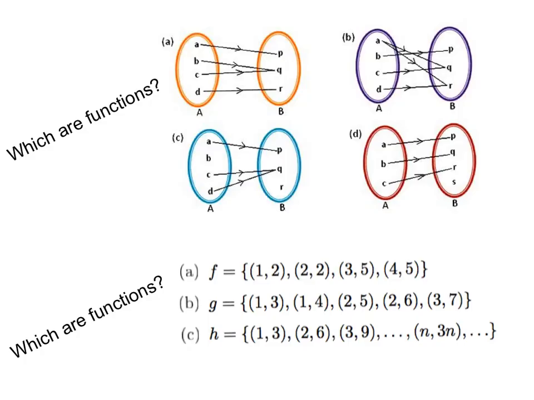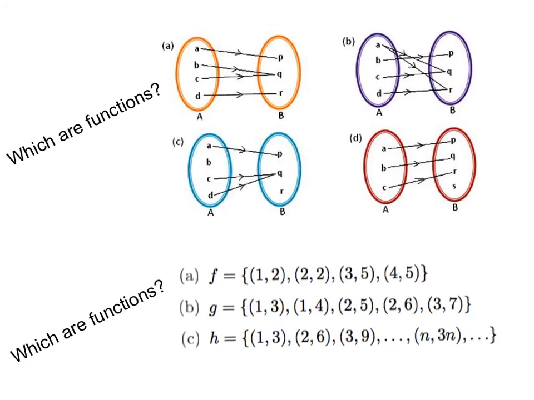So here we have a couple of mapping diagrams, and then we have a couple of listing out of ordered pairs. These are a couple of the ways that I could ask you, hey, is this relation a function? And in a mapping diagram, really all you have to do is the circle on the left will be your input value, and you can see the arrow, and it maps to an output.